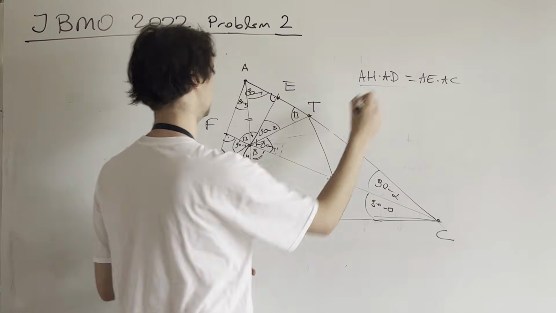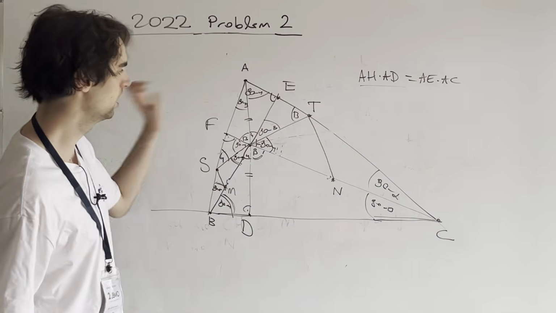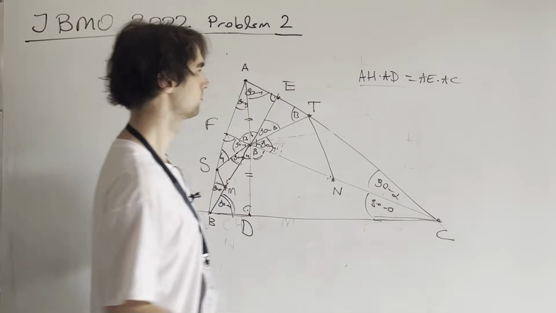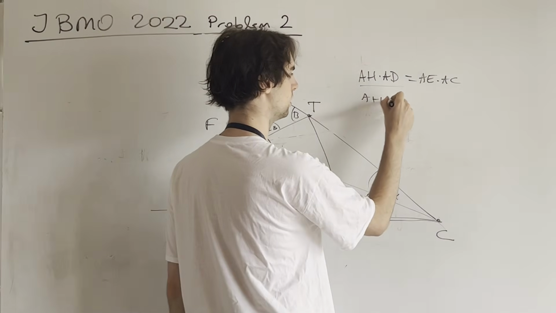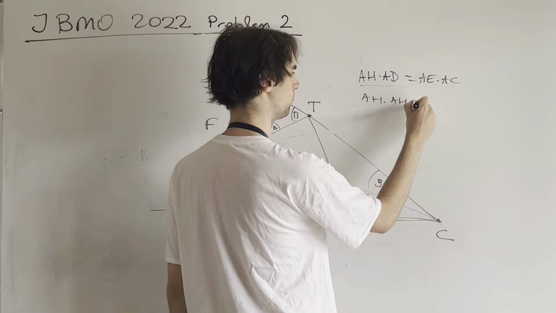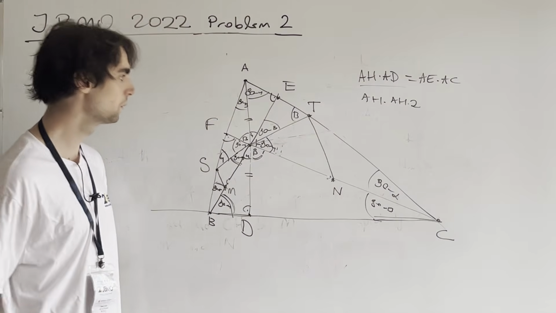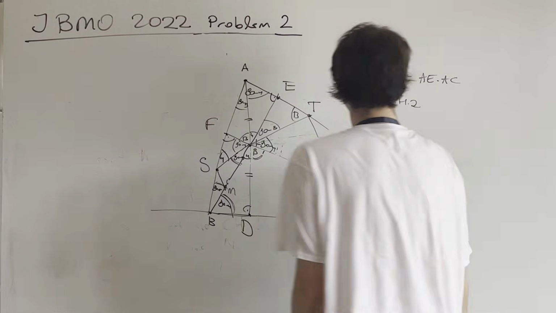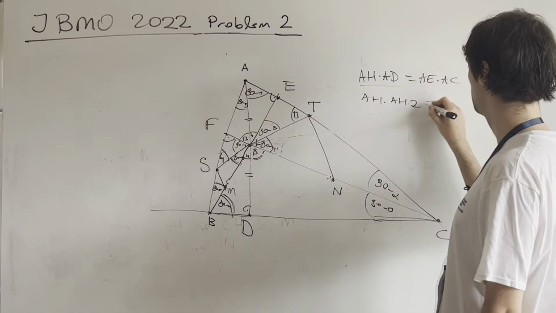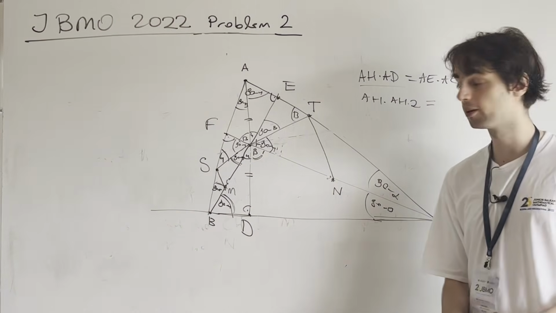Okay, but instead of AH times AD, I can write AH times AH times 2, because AD is twice AH. So I can go ahead and say AH squared times 2 is AE times AC.